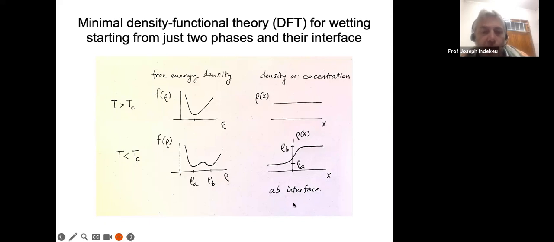I've called the phases A and B, not alpha and beta, just to be a little bit more independent from the previous notations. So this is the basic picture to keep in mind when we talk about just two phases and their mutual interface, for a situation where either we have the coexistence of two phases that are different, or a situation where the two phases have become identical, respectively below and above their bulk critical point.